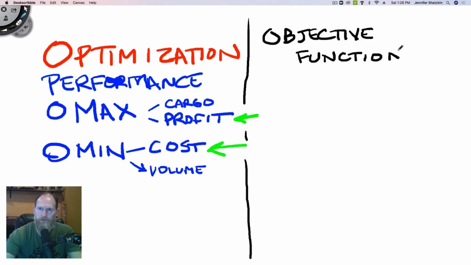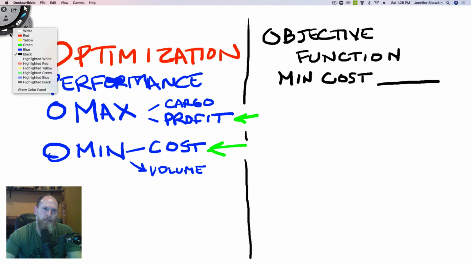And the objective function does just that. It either maxes or minimizes whatever we're trying to do. If we're trying to minimize cost, then that would be our objective function. And we would define exactly what that means. And that's exactly what we're going to do today.